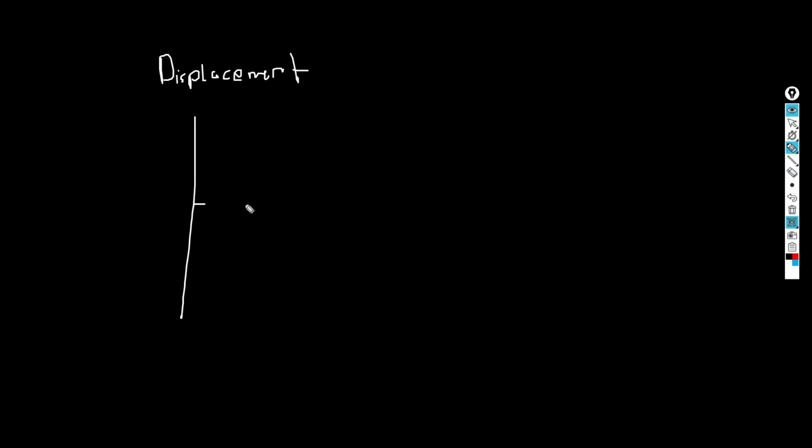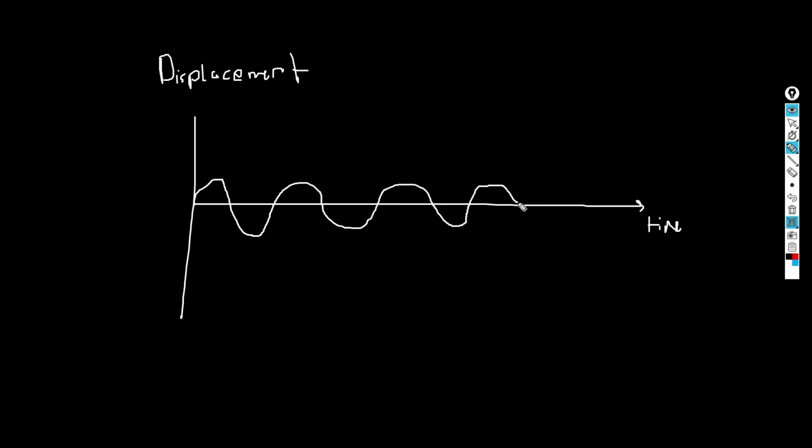Displacement versus time graph. And guys, here you need to be very careful about this. Time. So here you have a wave, and it goes on. Now, displacement or amplitude, they mean the same thing. Vertical.